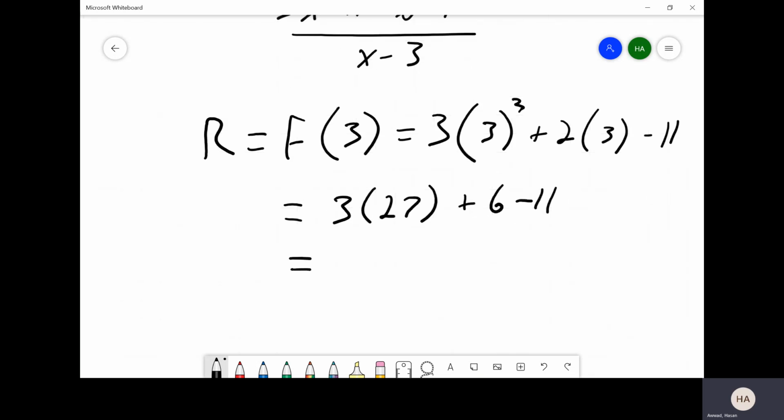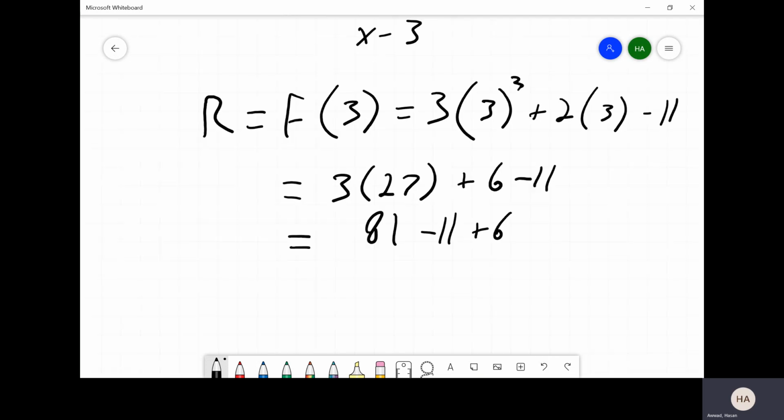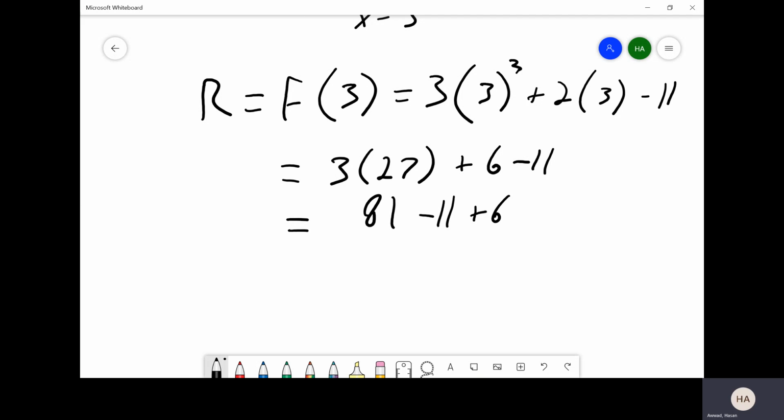Okay, 3 times 27, this is the same thing as 3 times 30 minus 9. So 3 times 30 is going to be 90 minus 9 gives you 81. So you have 81 minus 11 plus 6. I just moved the minus 11 closer because I see that I have something in the ones place here, so I can subtract that off. So 81 minus 11 should just give you 70. And then 70 plus 6 gives you 76.